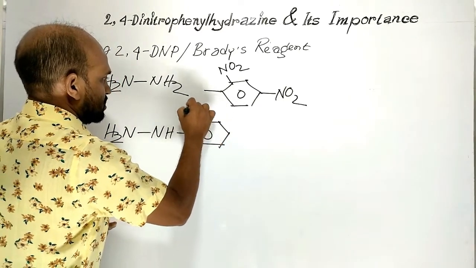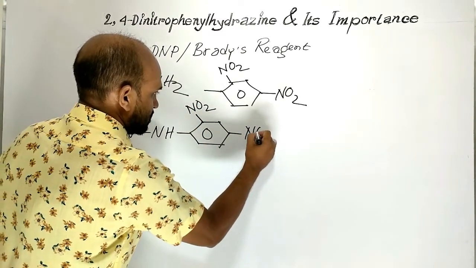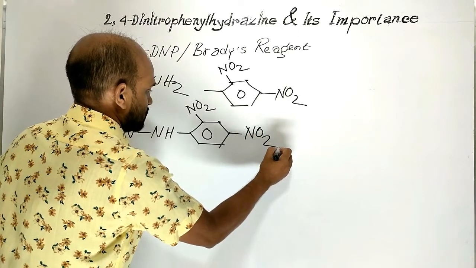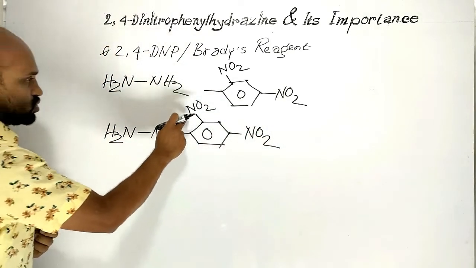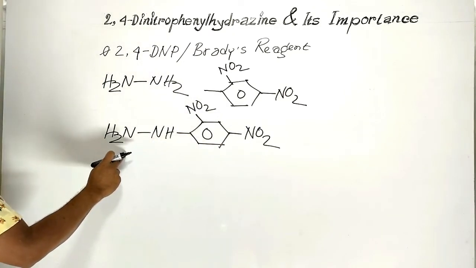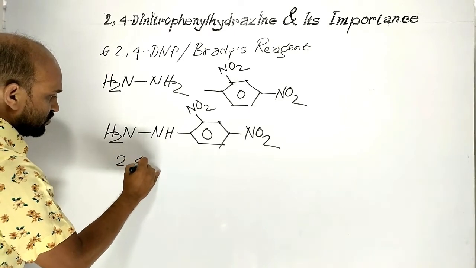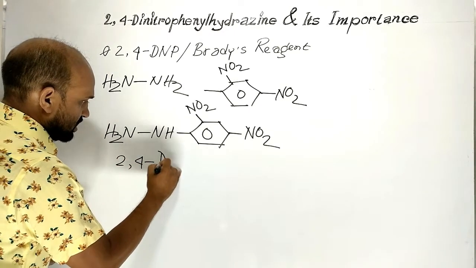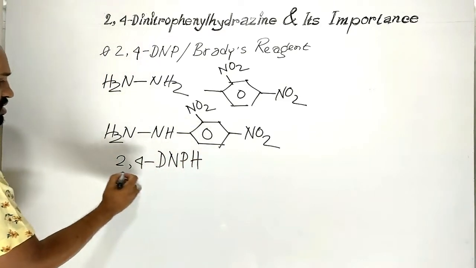at 2 position nitro group and at 4th position another nitro group. Now its name is 2,4-dinitrophenylhydrazine, which is in short 2,4-DNPH.